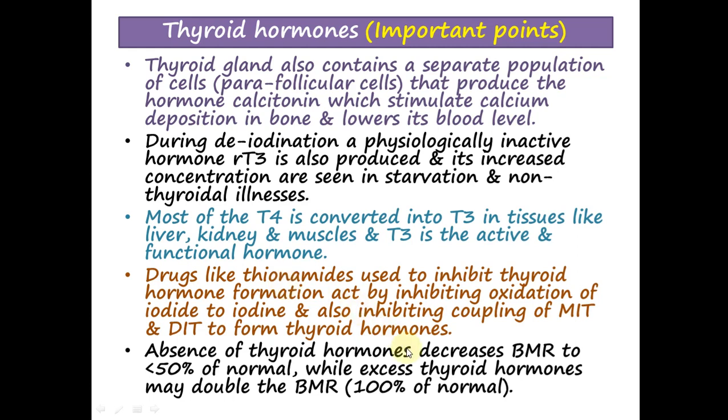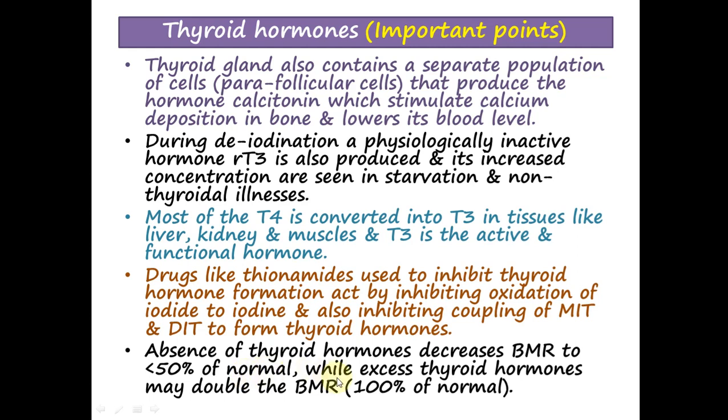When there are no thyroid hormones, the basal metabolic rate will go down below 50% of normal, because the thyroid hormones are the accelerating pedals for metabolism. The condition in which there is a very low level of thyroid hormone is known as hypothyroidism.